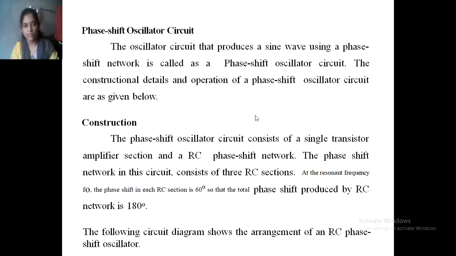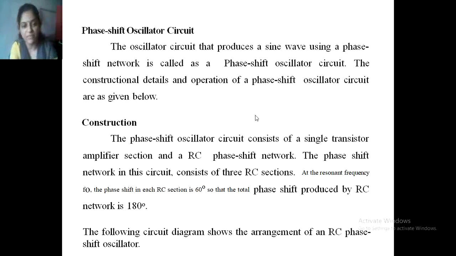A circuit that produces a sine wave using a phase shift network is called a phase shift oscillator circuit. The constructional details and the operation of the phase shift oscillator circuit are as given below. Let us see the construction details. The phase shift oscillator circuit consists of a single transistor amplifier section and an RC phase shift network.